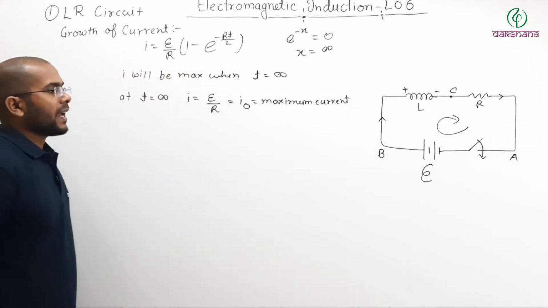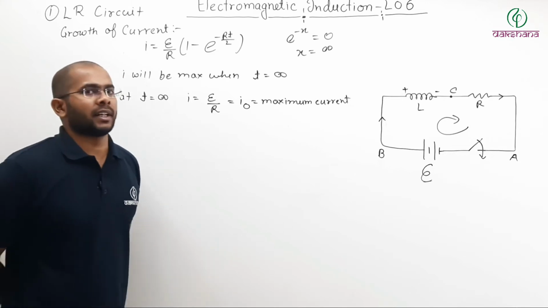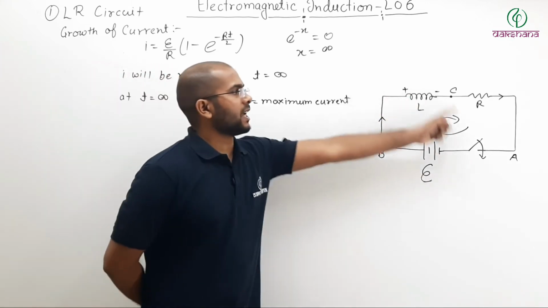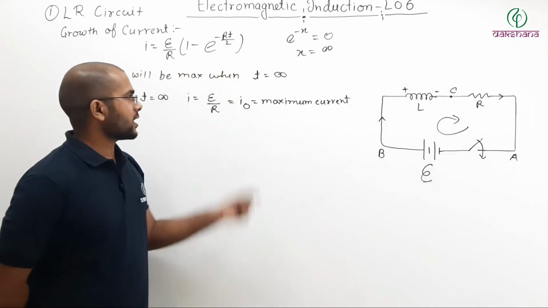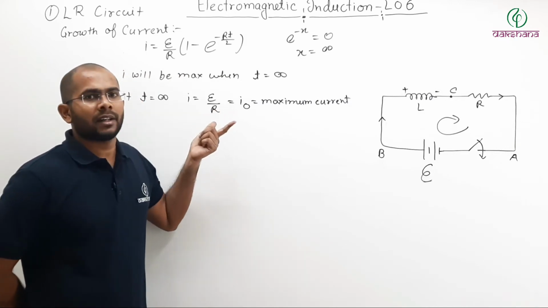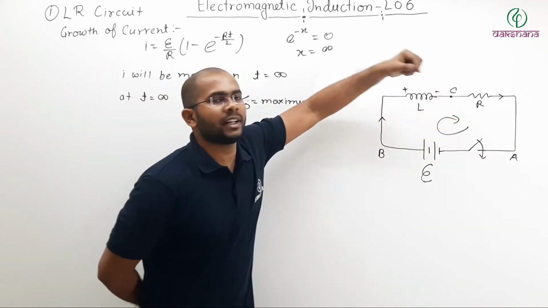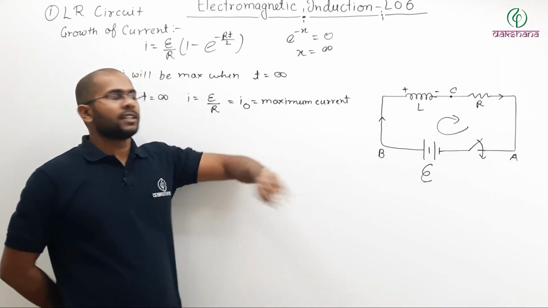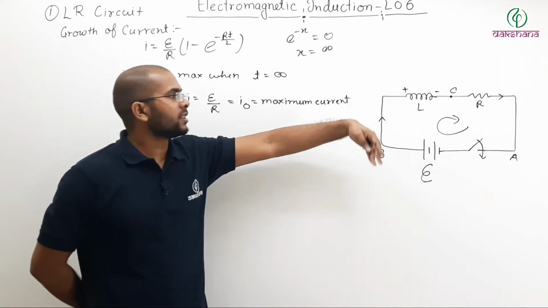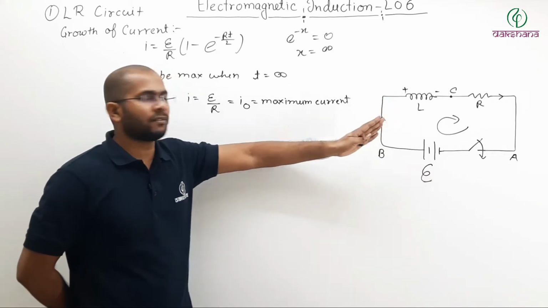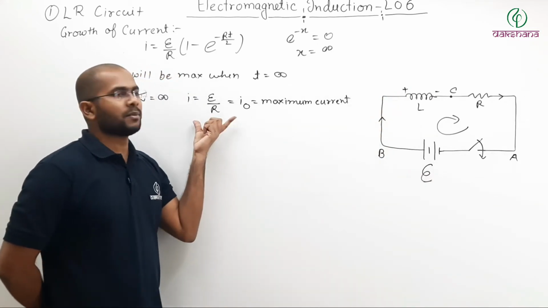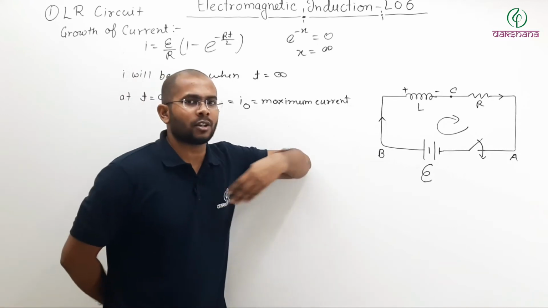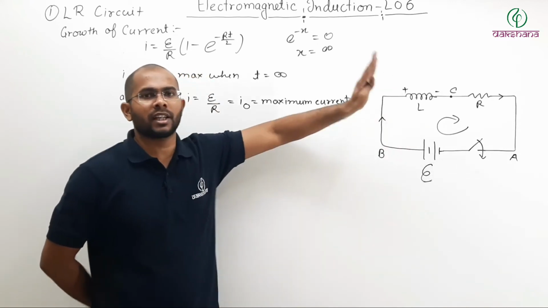And at the time of maximum current, this circuit is behaving like what? What is the current? EMF divided by R. It is behaving as if the inductor is not there. The current has become steady. There is no induced EMF. There is no Lenz's law. There is no self-induction. No nothing. Current has become steady as if this inductor is not there at all.